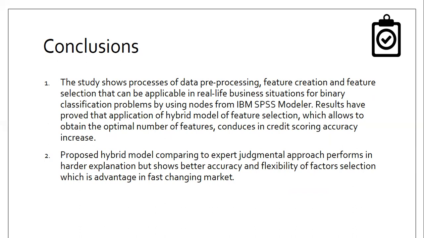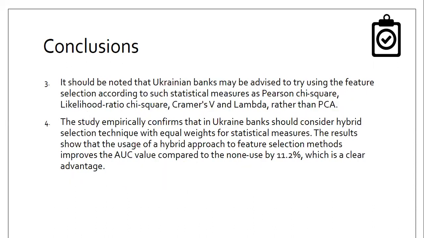Also, our result has proved that application of the hybrid model of feature selection conduces to a credit scoring accuracy increase. And the third one, that our proposed hybrid model, compared to the expert judgmental approach, even though it is harder to explain, shows better accuracy and flexibility of feature selection, which is an advantage when we're talking about a fast growing and changing market.